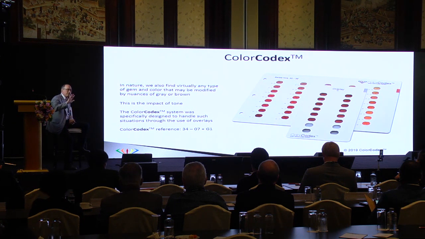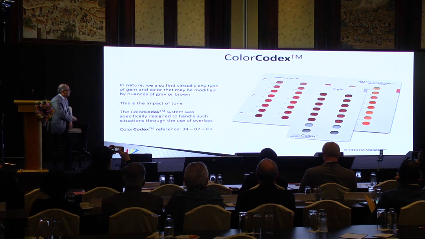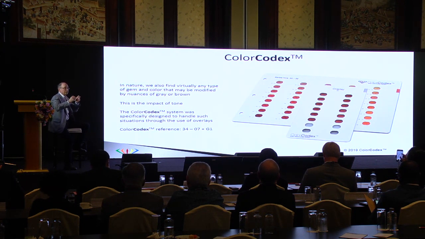There are actually 5 tonal levels of overlays which you can use to further modify the color appearance. This is just an example. Here there's a first level, a G1 overlay. So you would have a color reference, for example, something like 3407 plus a G1. This is really the color codex reference, the indicator that identifies the color of that stone.